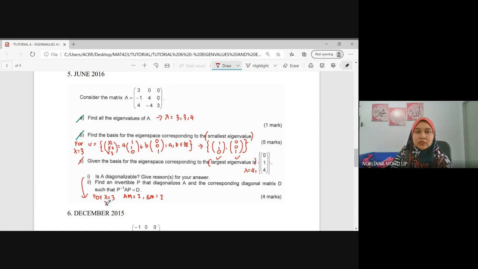And for lambda equal to 4, the algebraic multiplicity equal to 1, and the geometric multiplicity depends on the number of bases for lambda equal to 4, which is also 1. So the GM equal to 1.